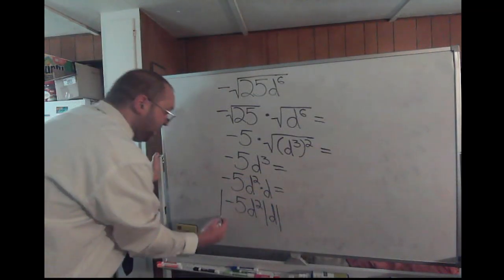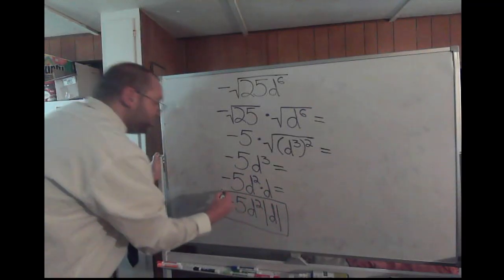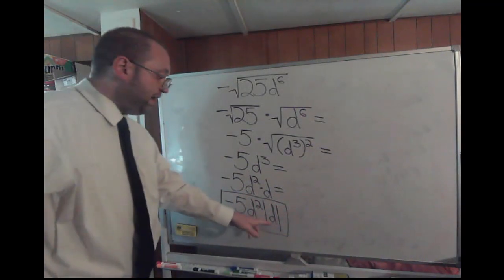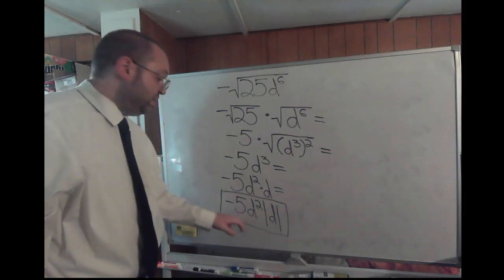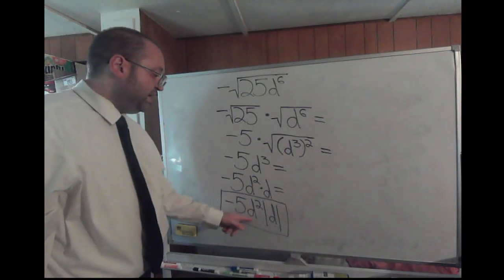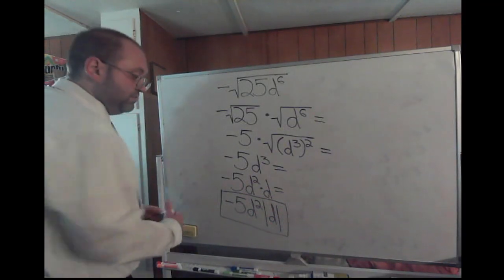The reason for that is we want to ensure that no matter what value of d we put in, the answer is always negative. That's why it's going to be negative 5d squared times the absolute value of d.